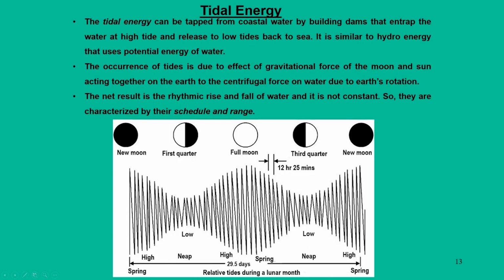Then the next segment of our discussion is tidal energy. When you say wave energy, it is a continuous process throughout the year, mainly due to the combined effect of the solar and moon cycles. But there are some situations where you have tides.